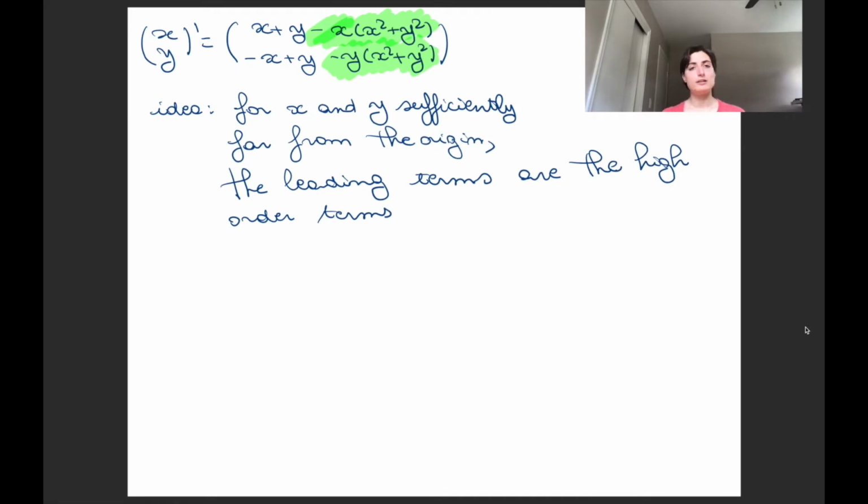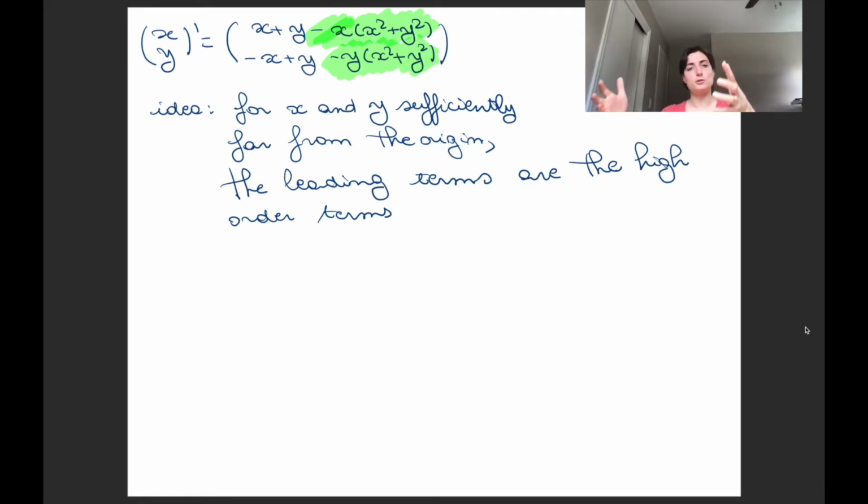But if we look at this a bit longer, at 0, 0 we're only taking into account the linear terms: the derivative of x is x plus y, and the derivative of y is minus x plus y. But then we look at the nonlinear terms, x squared plus y squared times minus x or minus y. For x and y sufficiently big, those terms are really important.